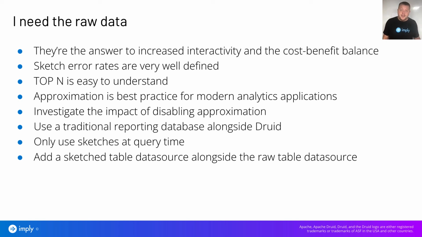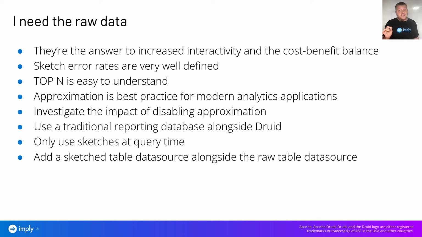Now, what about raw data? This may come up because people want to filter results using the raw values, for example, like that user ID. Not just because they want to do a CSV export and then crash Excel for a laugh. There are two options for you. You can opt to use those sketching SQL functions only at query time, so don't generate them at rollup or ingestion time.